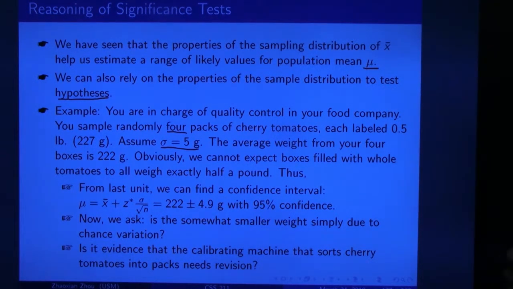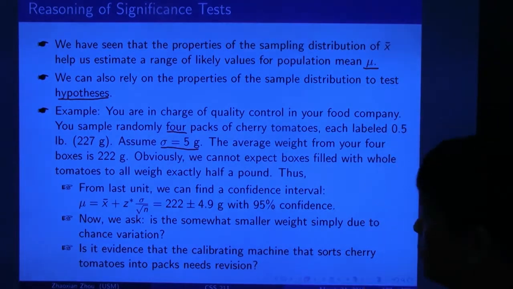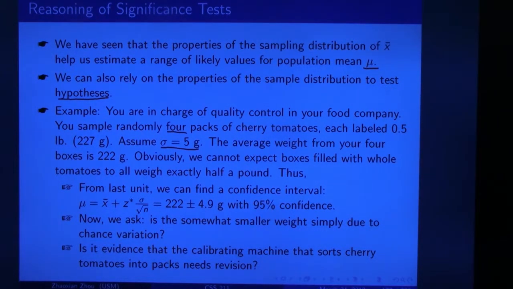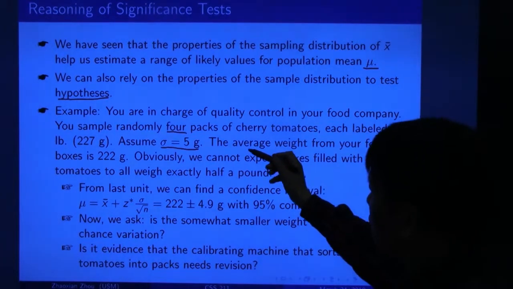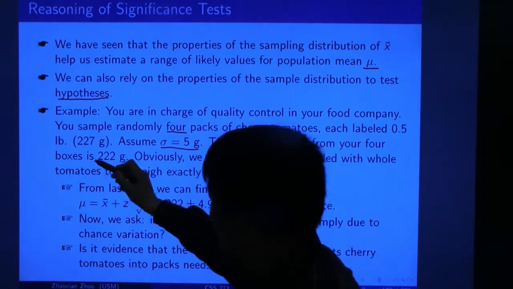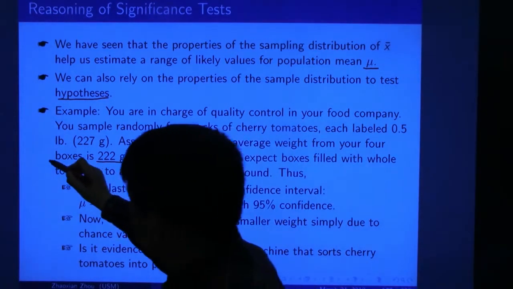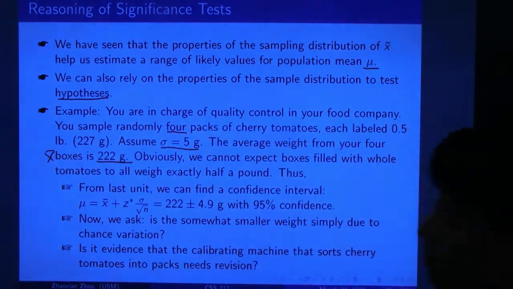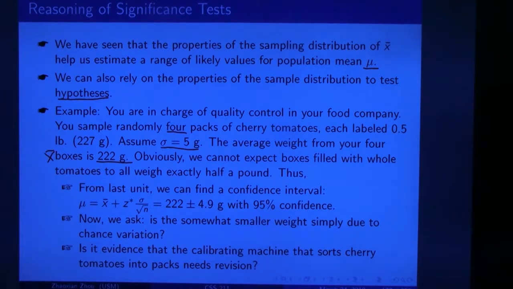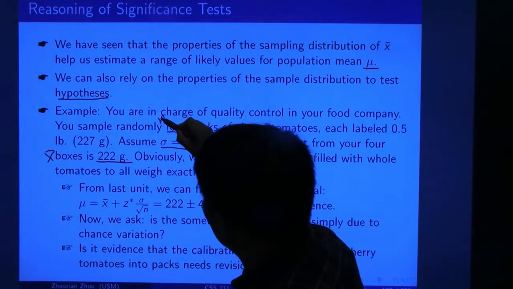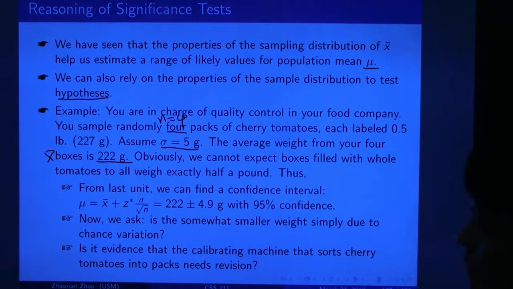Once you randomly choose these 4 packs, you measure all of them, and you find the mean of these 4 boxes equals 222. Actually, this is the X bar, because the sample size equals 4, that is n equals 4, and the mean of the sample X bar equals 222.